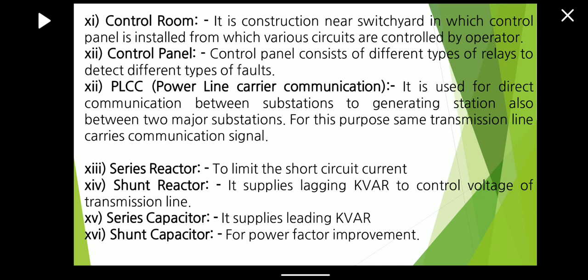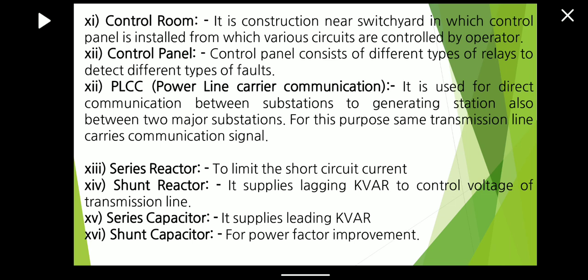Then PLCC, that means power line carrier communication. It is used for direct communication between the substation and the generating station, and also between major substations. For this purpose the same transmission line carries the communication signal. Then the series reactor is used to limit the short circuit current.